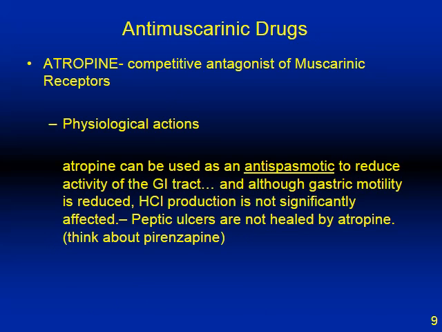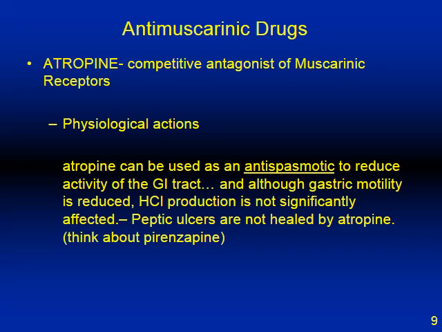So, getting back to its physiological action, we see atropine as an antispasmodic agent. It's able to reduce the peristalsis of the GI tract and its activity, so it reduces the motility. It's not particularly effective at reducing acid secretion by the stomach.